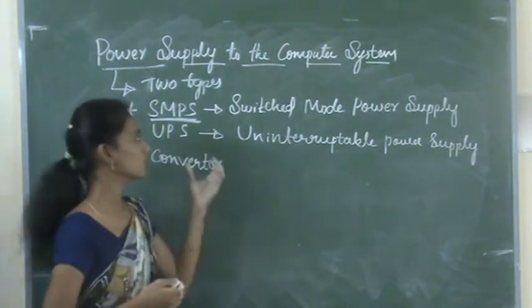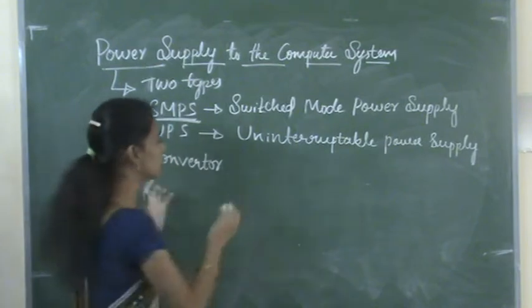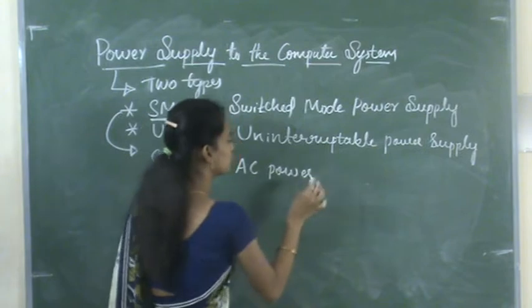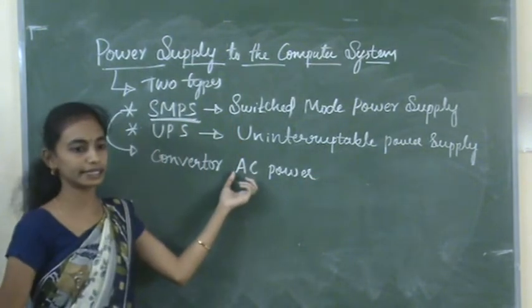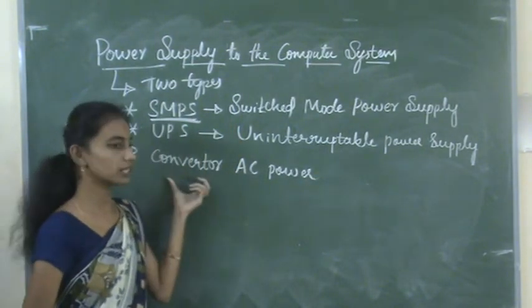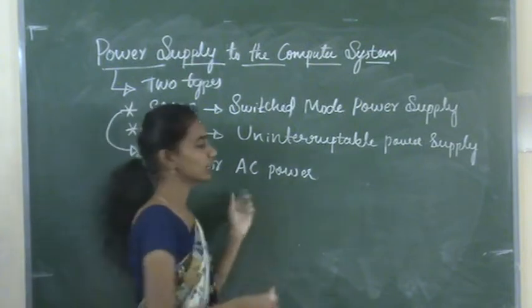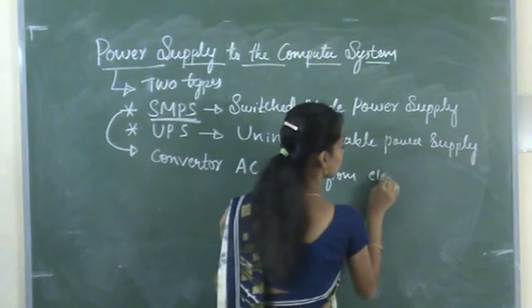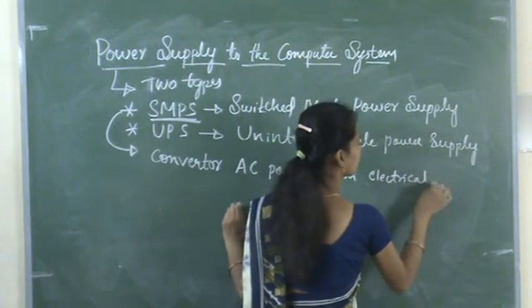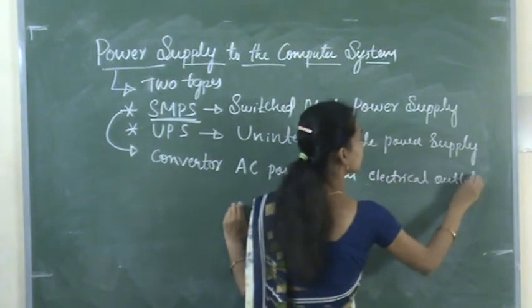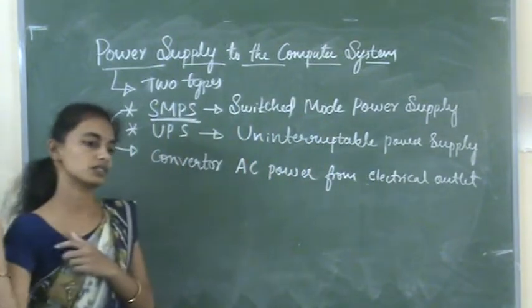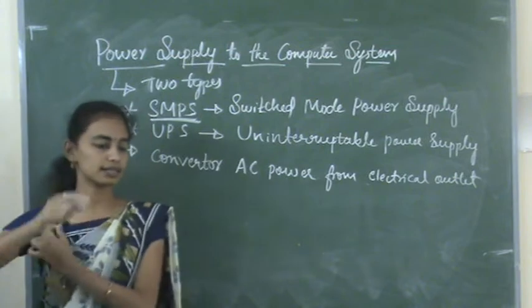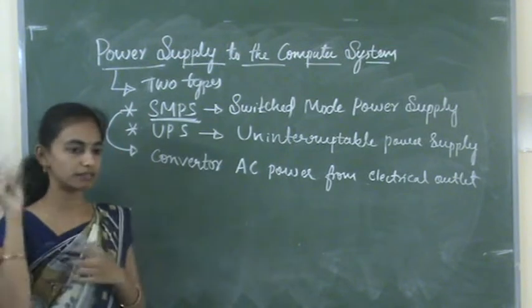It converts AC power, where AC means alternating current, from the electrical outlet, meaning the sockets, which is coming from the transformers or power supply.